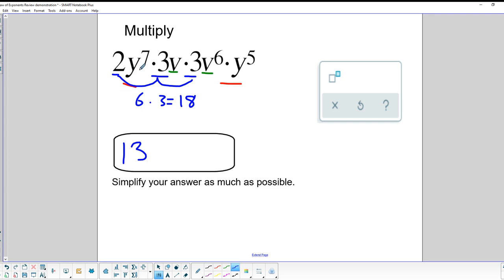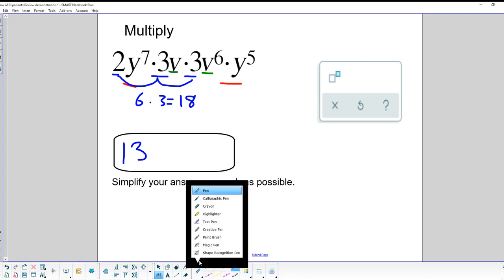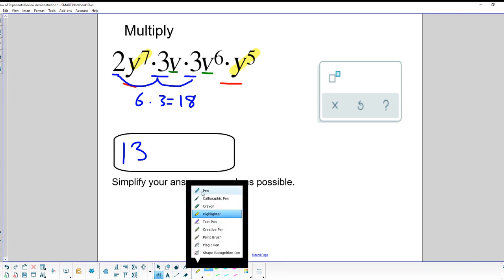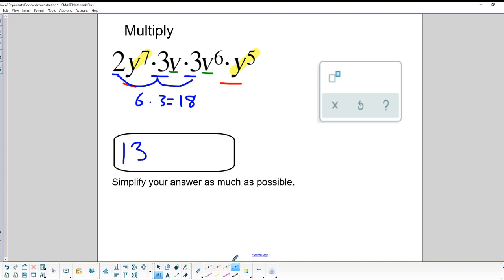Now let's look at our y values. So as far as our y values are concerned, let's take a look at what we have there. So we have y to the 7th and y to the 5th. So if we add those values together, we have 7 plus 5, which is 12.